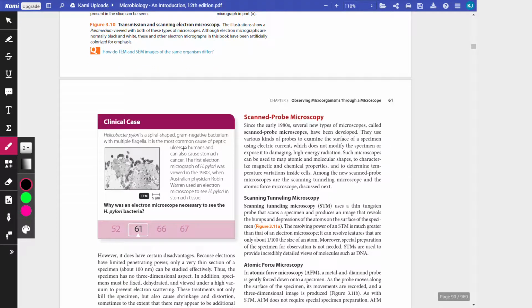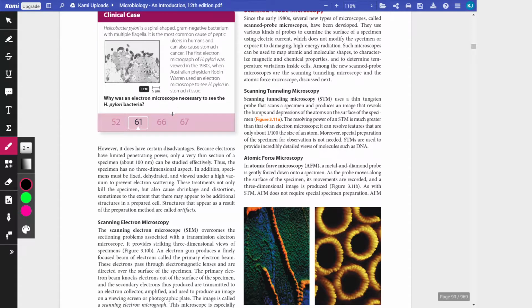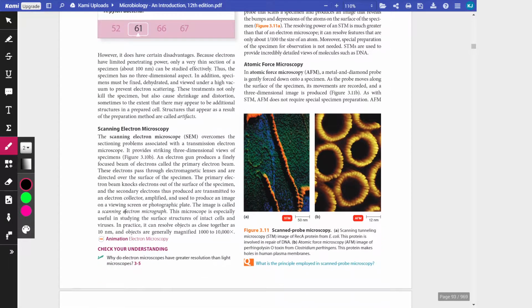Continuing the clinical case. Bacteria pylori. Gonna probably read through that. This is just a skim through, guys, so you can see a bit of the sections and probably go back to this. Scanning electron microscope again.